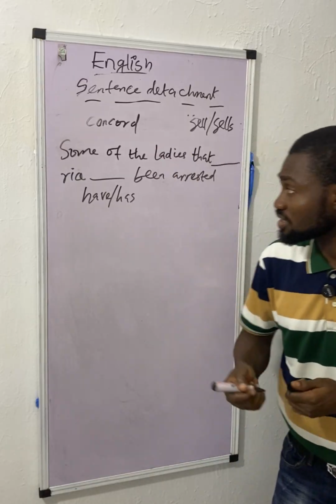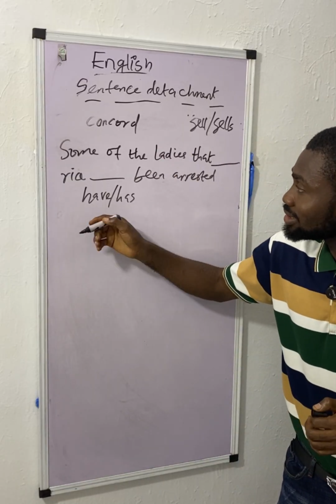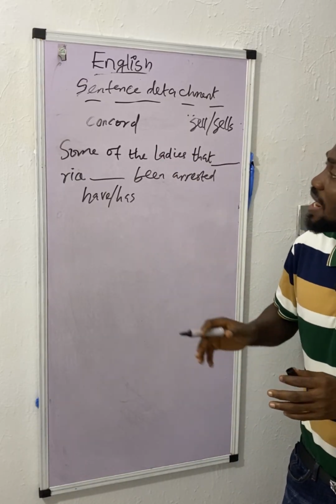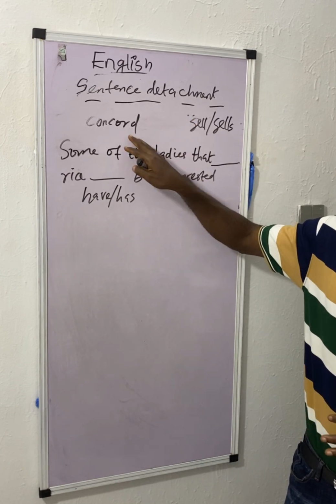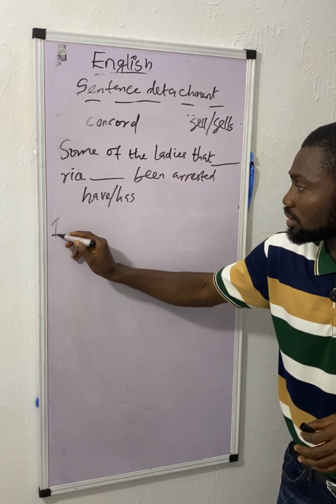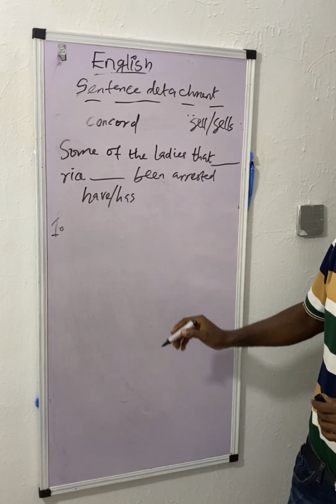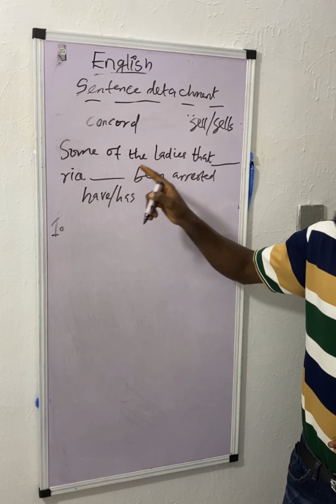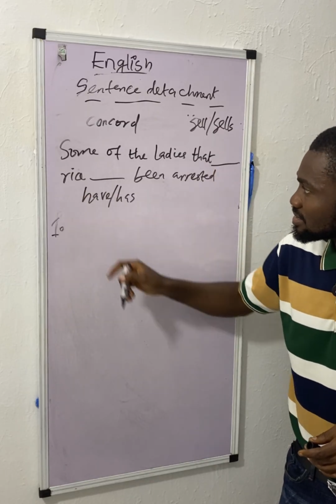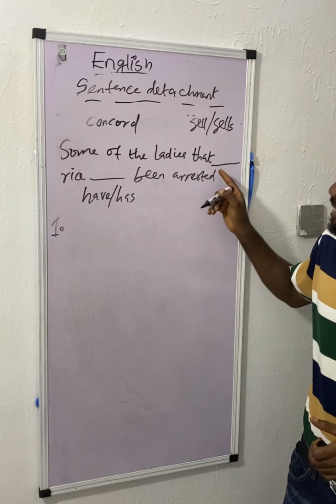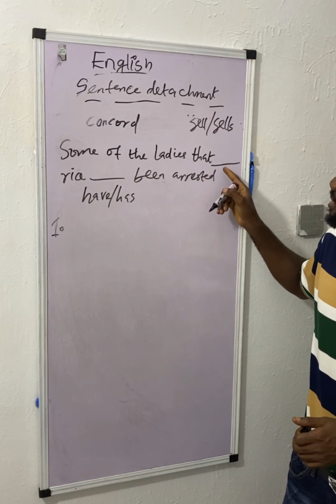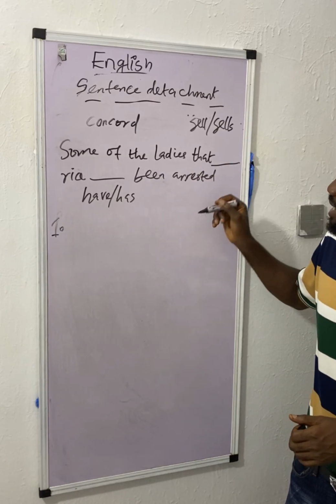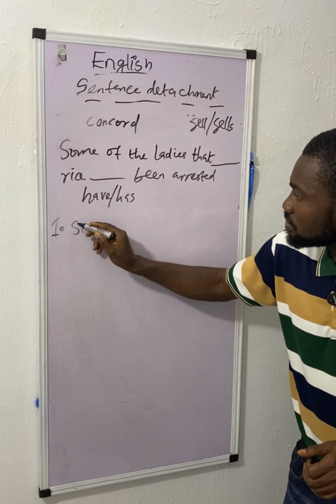We can apply sentence detachment. The very first step is to write out all the meaningful details we can make out of this sentence. Number one: some of the ladies that dash rice. Some of the ladies sell rice.